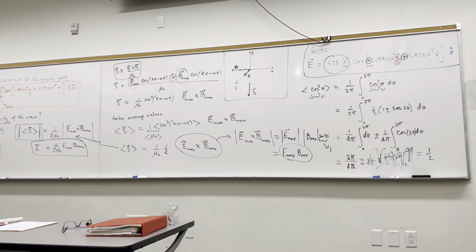So if the cosine is positive, the electric field points in the positive z direction at that instant. In which direction did we say the wave is traveling? The negative y direction. So the wave is traveling this way.